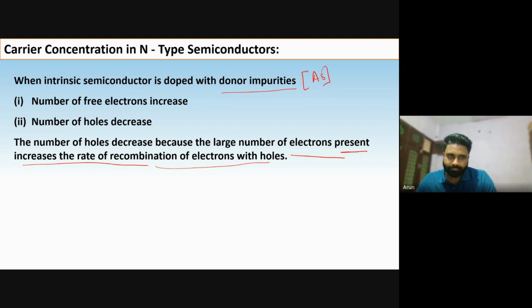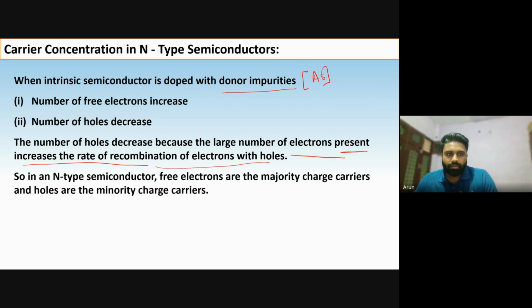Got it? Now, in n-type semiconductor, free electrons are the majority charge carriers, as I already told you. And the holes are the minority charge carriers.